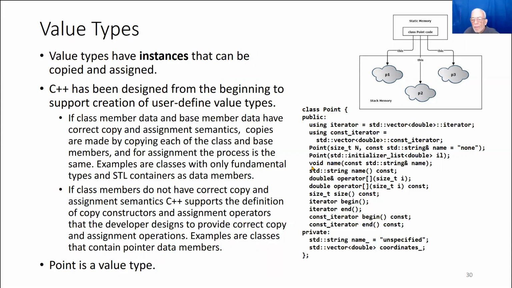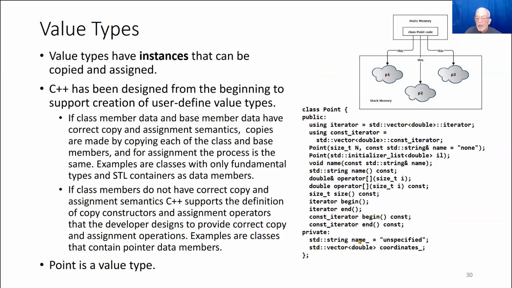For a class like point, whose data members are a string and a vector, these both have correct copy and assignment semantics. They were designed to be that way. All of the containers in the standard template library, like vector, have correct copy and assignment semantics, and string is the same thing.